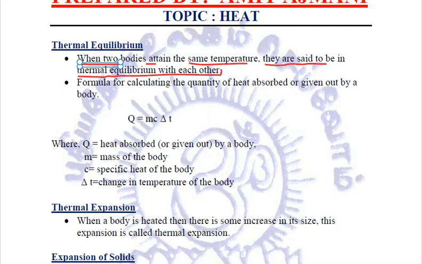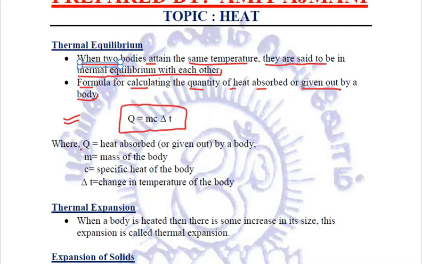Very importantly, this is the formula for calculating the quantity of heat absorbed or given out by a body when it is mixed with another body. Make sure you learn it. Definitely you will get one question out of this.